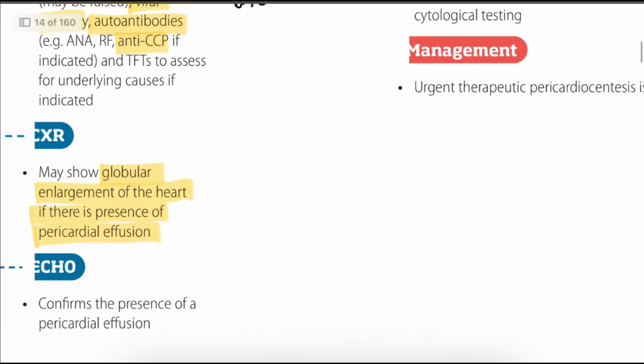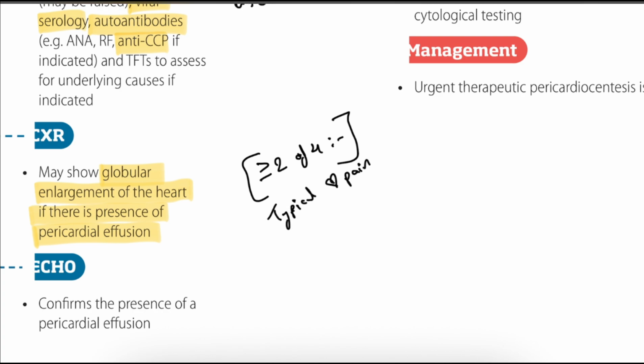The diagnostic criteria is greater than or equal to 2 of 4. If the patient has these criteria, then we have to suspect pericarditis: typical chest pain, next pericardial rub, and next ECG changes.